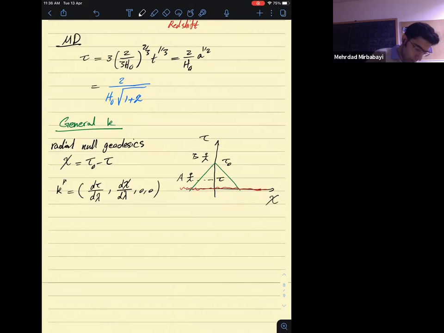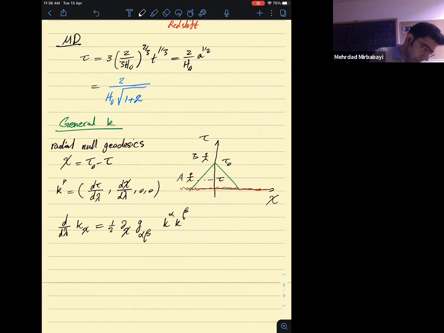We can look at the chi component of the geodesic equation again. So d by d lambda of k chi. What is it equal to? It is 1/2 d chi of g alpha beta k alpha k beta, right?